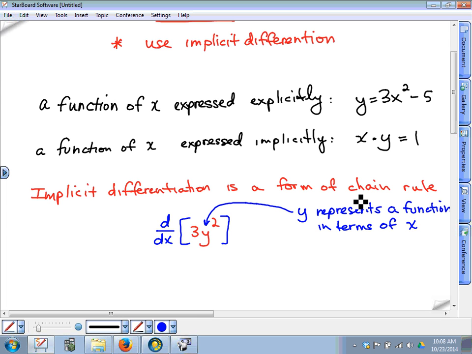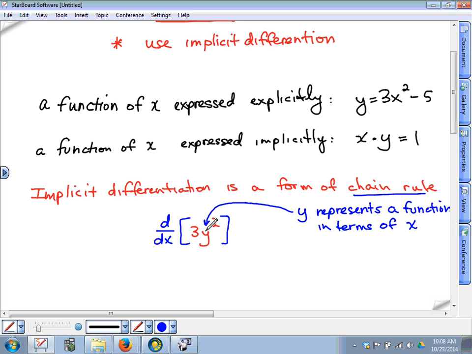So if we did a chain rule, we have an outer function and we have an inner function. The outer function is 3y squared. The inner function is whatever y represents. Y represents some kind of a function in terms of x. You following me?